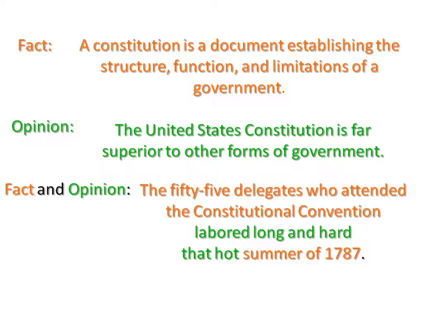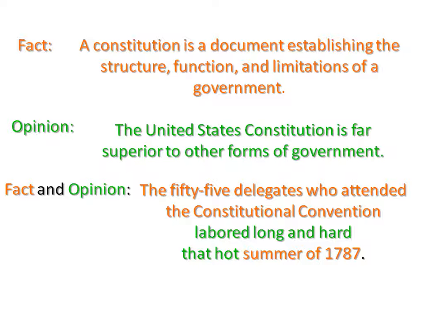A constitution is a document establishing the structure, function, and limitations of a government. Opinion: the United States Constitution is far superior to other forms of government. Fact and opinion: the 55 delegates who attended the Constitutional Convention labored long and hard that hot summer of 1787.